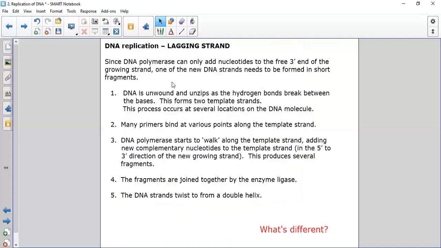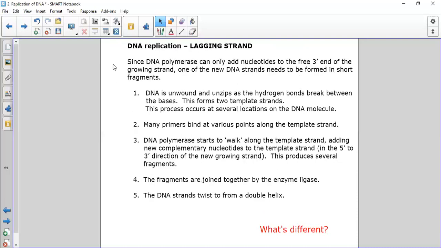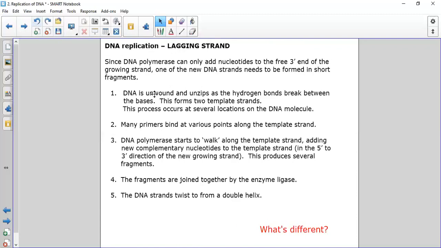If we just go back to the description for the wordy people. So since DNA polymerase can only add nucleotides to the free 3' end of the growing strand, one of the new DNA strands needs to be formed in short fragments. So this description is very similar to the leading strand description. Well, let's just have a look at what's actually different. Okay. So the first bit, exactly the same.